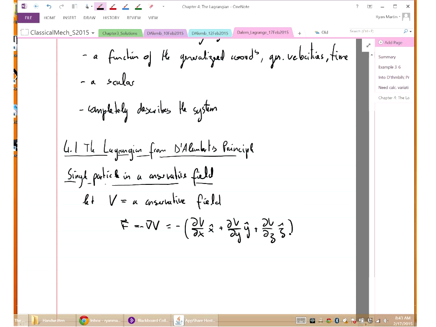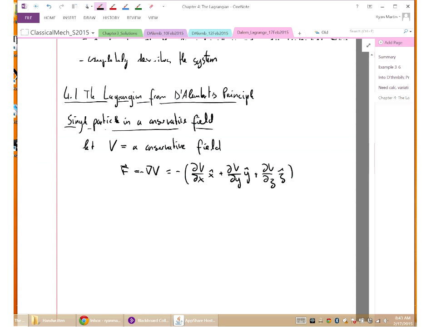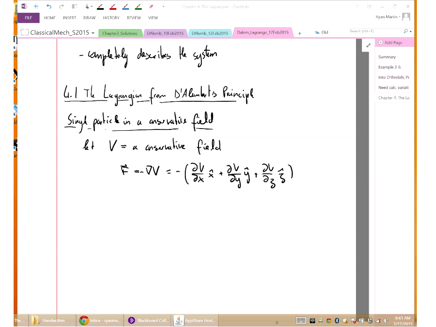So I want to start by remotivating that V is really the potential energy. Okay, and you should have done this in first year physics when you derive a function for the potential energy. So we want to show that V is really potential energy.